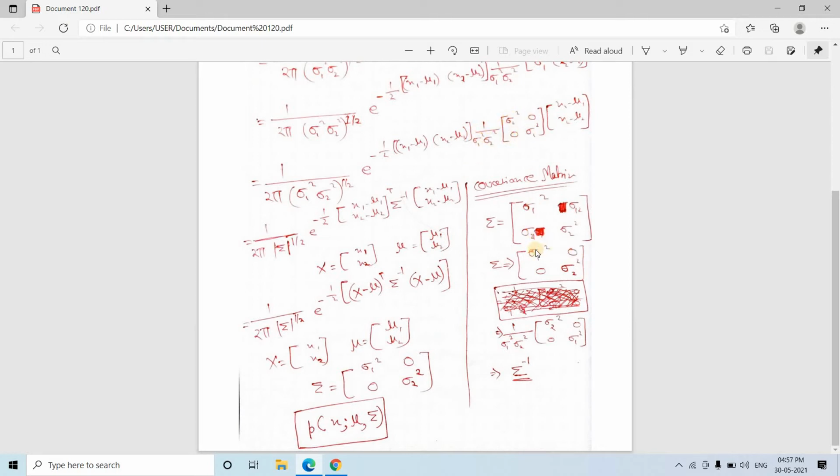This 2 cross 2 matrix, you just take the inverse, you should get this particular one, which is basically indicating the inverse of the covariance matrix. Okay, right? Simple. So instead of this particular term 1 by sigma 1 square sigma 2 square and this matrix, I can write the summation inverse, that is covariance matrix inverse.